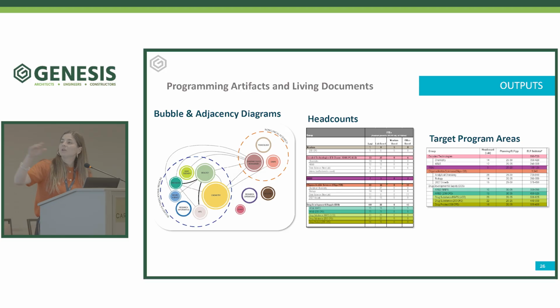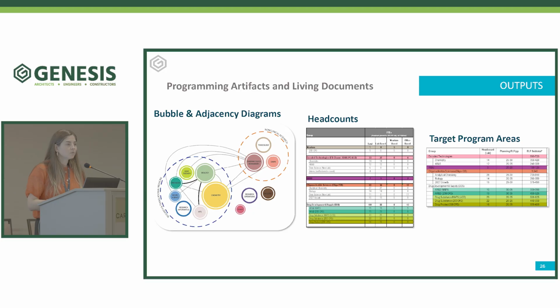So in the example here of a bubble and adjacency diagram, this looks at multiple lab groups and their spatial and working relationships to identify key adjacencies that will then inform the actual conceptual layout. Once we have clearer understanding of the specific space needs.